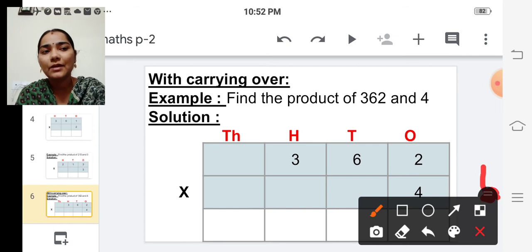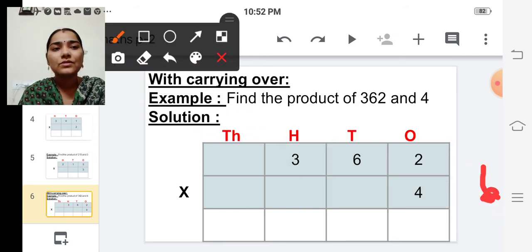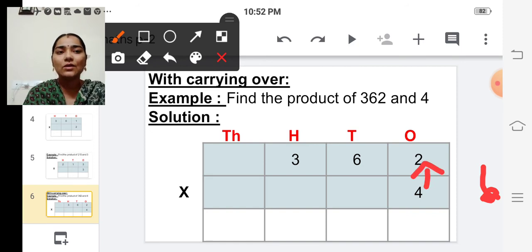From 1's place, isn't it? So, we have to multiply the digit in the 1's place by 4. What is the digit in the 1's place? We are having 2, isn't it?